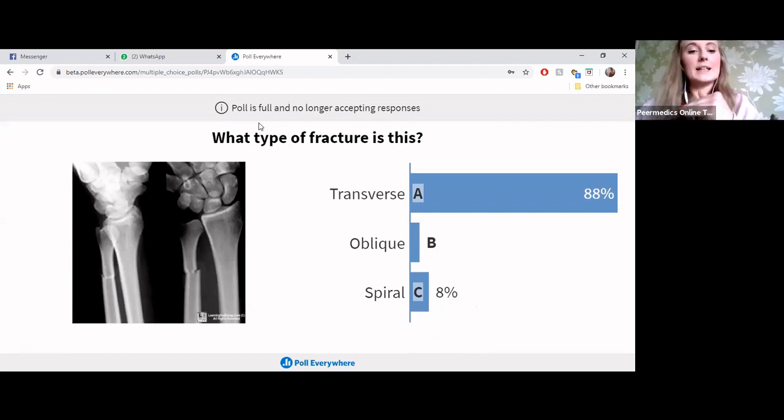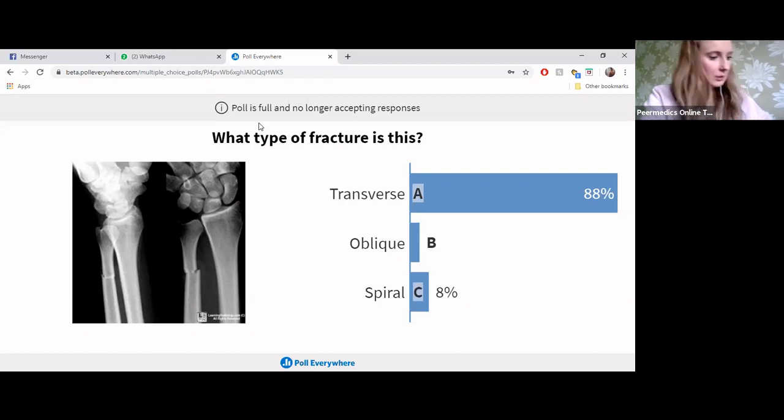But this one technically is transverse, because you'd argue it's going perpendicular to the joint line. If it was oblique, you'd want it to be more obviously oblique, if that makes sense. So that was quite a simple one.